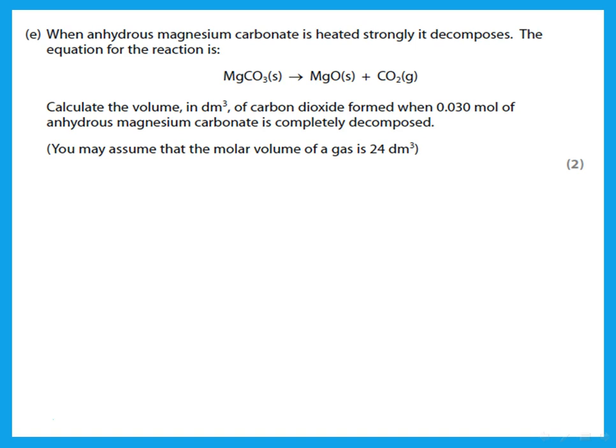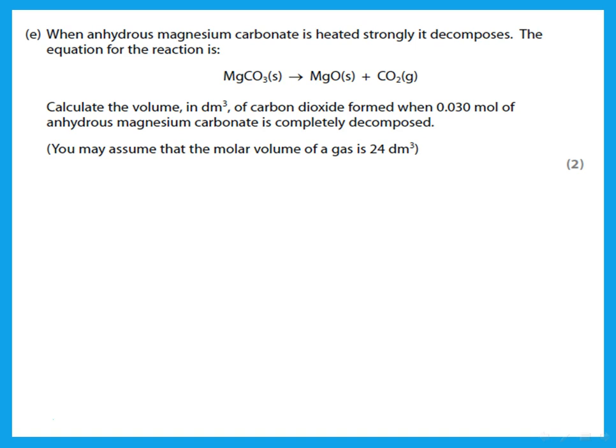Another one, he says calculate the volume in decimeter cubed of carbon dioxide formed when 0.03 mole of anhydrous magnesium carbonate is completely decomposed. Again, he gives me here the number of moles of magnesium carbonate. So I really don't need to sit down and calculate the number of moles.